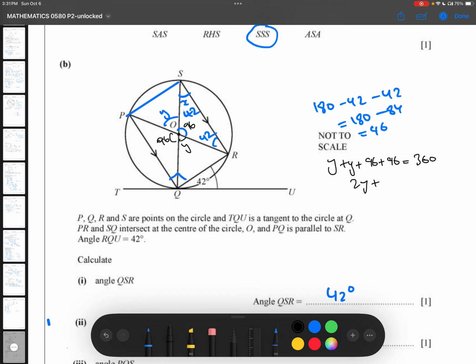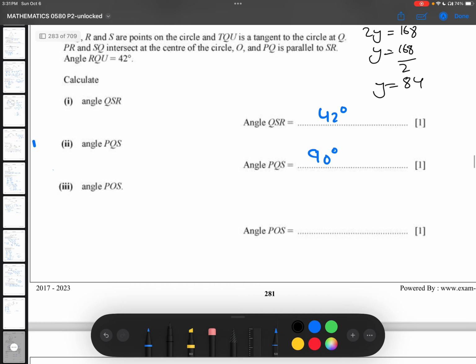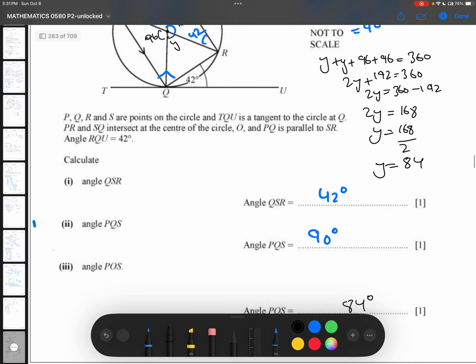So y plus 192 is equal to 360. 2y will be equal to 360 minus 192. 2y is equal to 168 and y is equal to 168 divided by 2. We got 84. So this angle POS is 84 degrees.